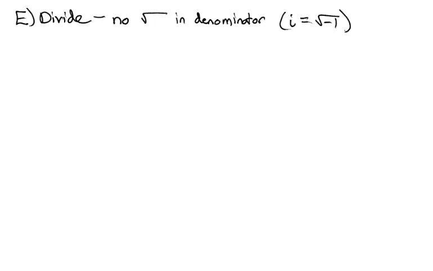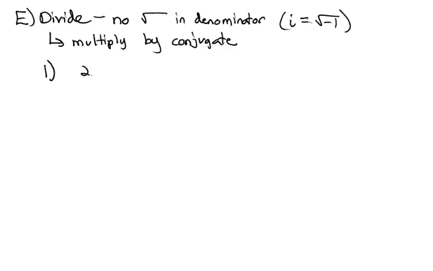We don't like to have i's in the denominators. And so the way we fix it is the same way we fixed it with regular radicals. Notice again, i is no different than anything else. We multiply by the conjugate. And the nice part when multiplying by the conjugate, at least in the denominator, is we just have to square both numbers and add.